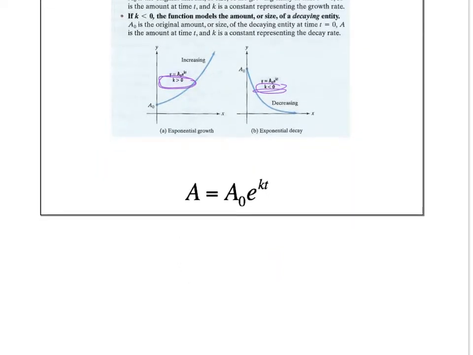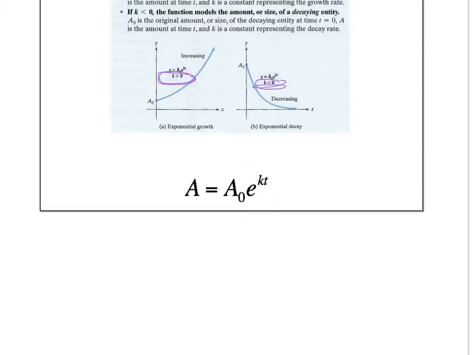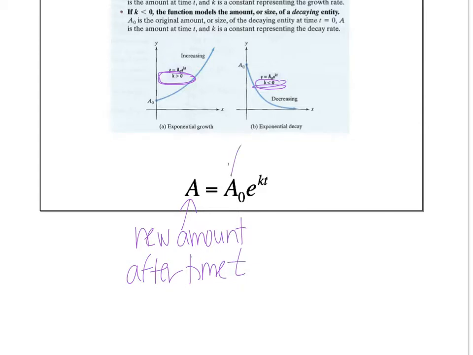So what you need to understand about this equation down here at the bottom is what each of these letters mean. A is the new amount of whatever we're talking about. It could be people, it could be the amount of a substance after time t. A sub 0, those of you who have taken physics, you talked about V sub 0 before.